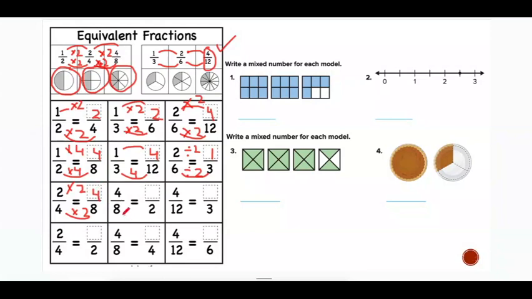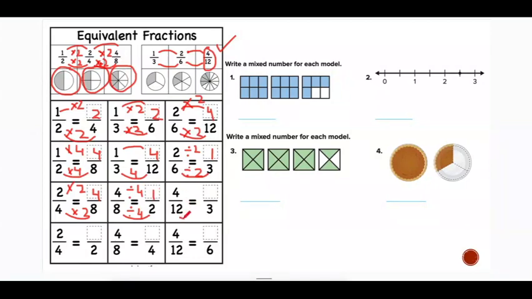Now 8 is bigger than 2, so it will be a division. 8 divided by 4, the answer is 2. So 4 divided by 4, the answer is 1.